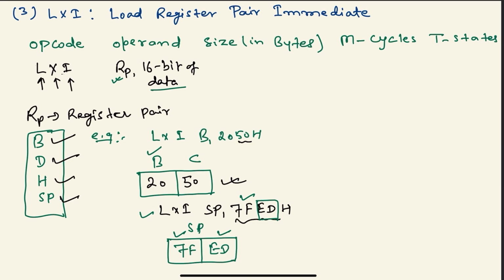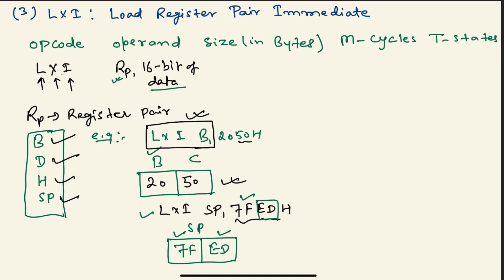Now we need to find out their size. It's very simple to find the size, as I explained earlier: LXI B is given as an English alphabet followed by 16 bit of data or address, and it is recognized as a 3 byte instruction. The first byte is taken as LXI B. Equivalent to this LXI B, there will be an 8 bit hex code given in the textbook, so from there we will get the code.